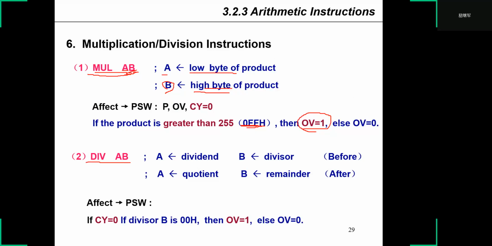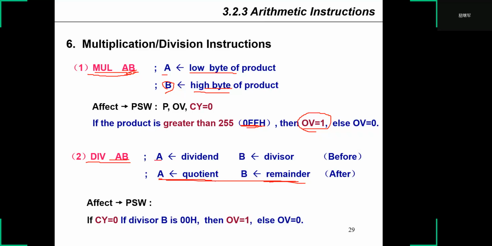DIV AB, A divided by B. A is the dividend, B is the divisor. A gets the quotient and B gets the remainder. This is the result.